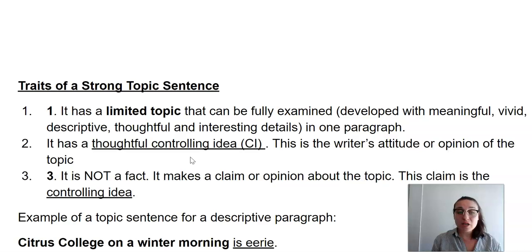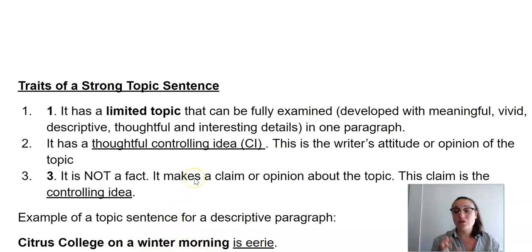And I have a little example here, right? The topic is Citrus College on a Winter Morning. And the controlling idea is that it is eerie, right? That's the opinion about Citrus College. So if you look at that limited topic, it doesn't just say Citrus College, right? It doesn't just say Citrus College in the morning.